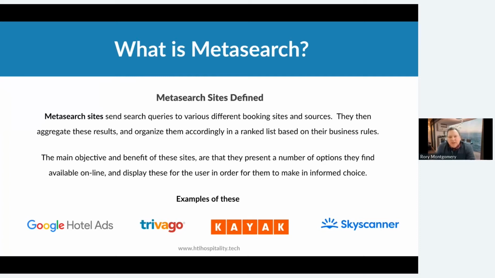Metasearch is essentially the aggregation of availability and rates, pulling various data points from multiple sites and aggregating those on a single platform. There are various platforms out there. I've listed probably the four biggest, or maybe I've missed one or two. Chris and Kenyon will know better, but Google Hotels, Trivago, Kayak, Skyscanner, those sorts of aggregation platforms are becoming very big.